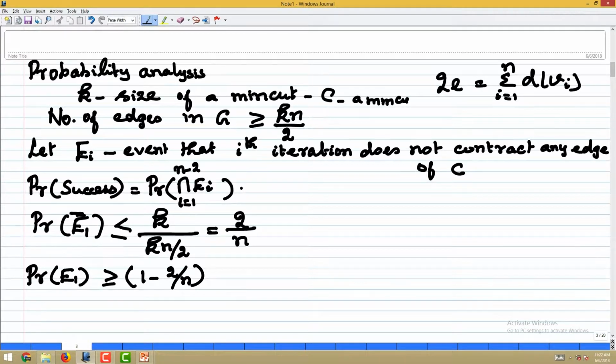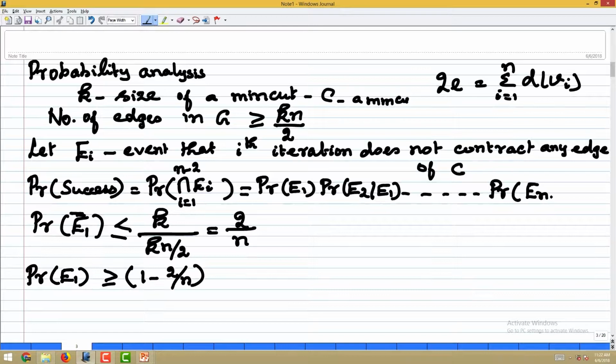So, this could be written as probability of E1 into probability of E2 given E1 into probability of E3 given E1 intersection E2 etc. into probability of En minus 2 given intersection j equal to 1 to n minus 3 Ej, since already n minus 3 iterations are over. Am I correct?